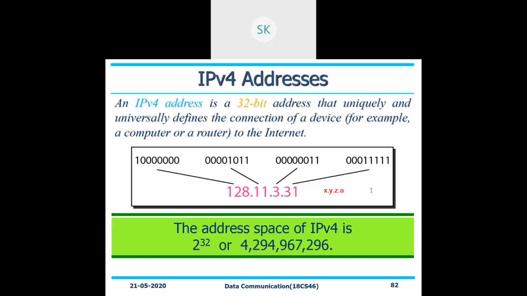Each one of them will be separated by a dot operator. So with 4 slots, X will be taking the value from 0 to 255. This is with respect to a decimal number. Similarly, Y, Z, as well as E, all these will be taking the value from 0 to 255.